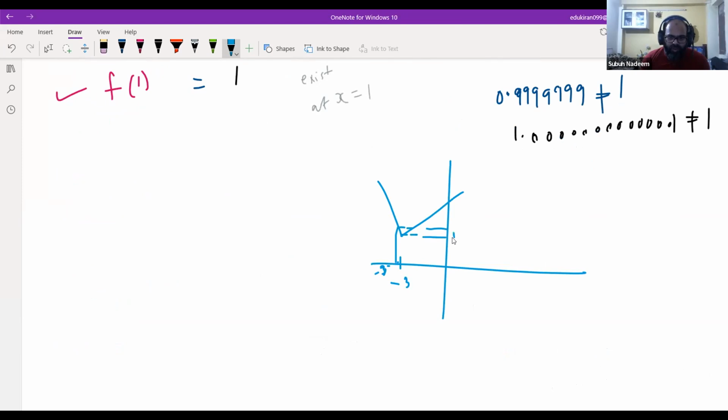This is 1. Now you move -3 minus towards -3 like this. Won't this output move towards 1? As you move from -3 minus to -3, the value from here will move towards 1. So the limit is 1.